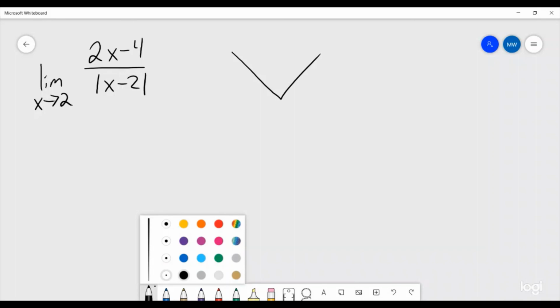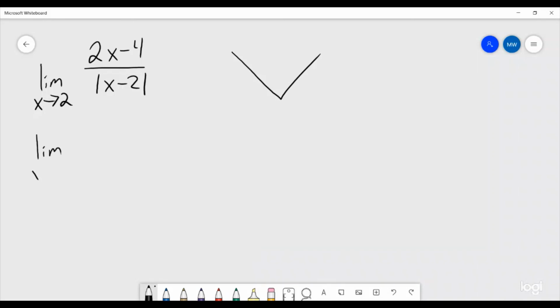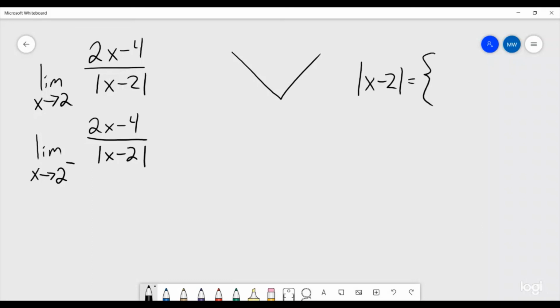So let's look at the limit as x approaches 2 from the left of 2x minus 4 over absolute value of x minus 2. Remember, absolute value of x minus 2 is equal to one of two things.